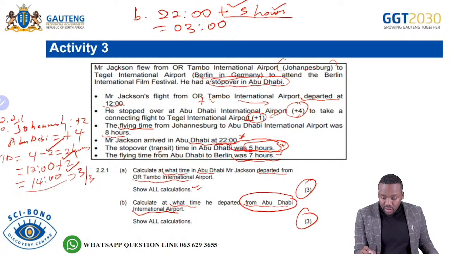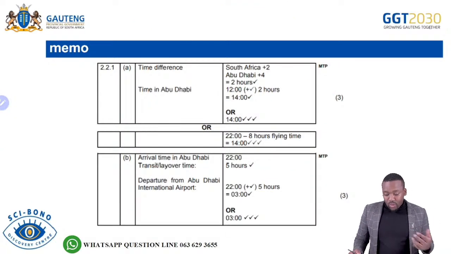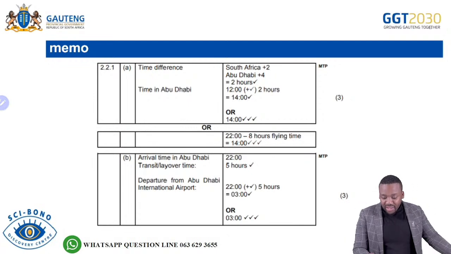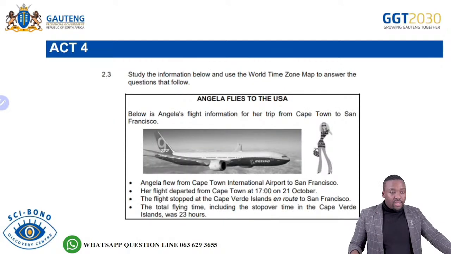And it is 1, 2, 3. Then that's the time. Arrival time 22 plus 5 of the stopover. Then what's the answer? It is 3 o'clock. Difficult. Another activity.